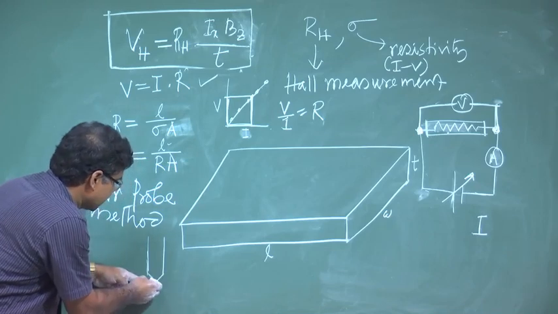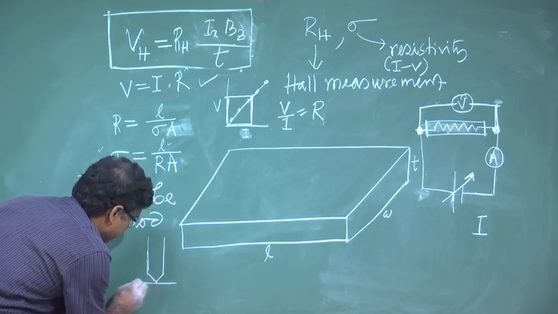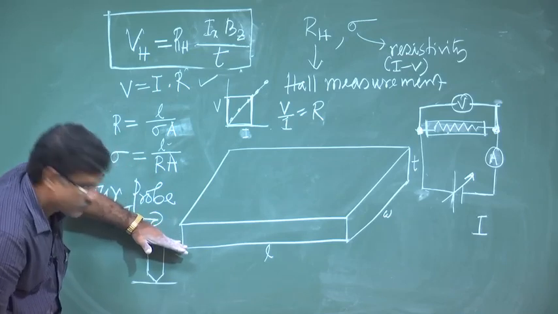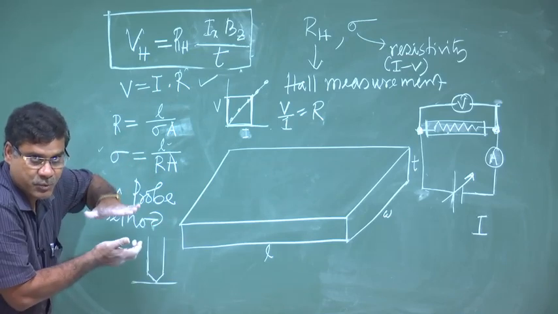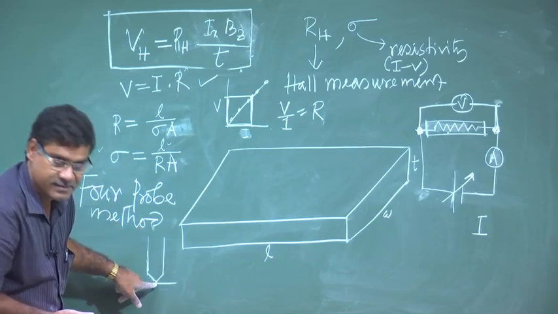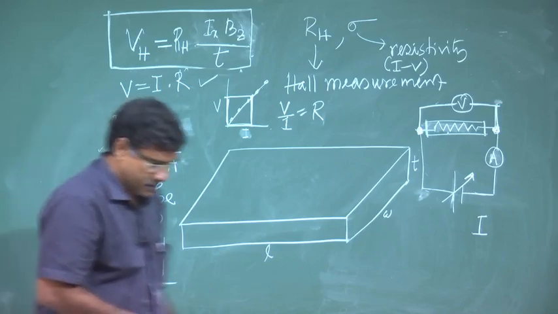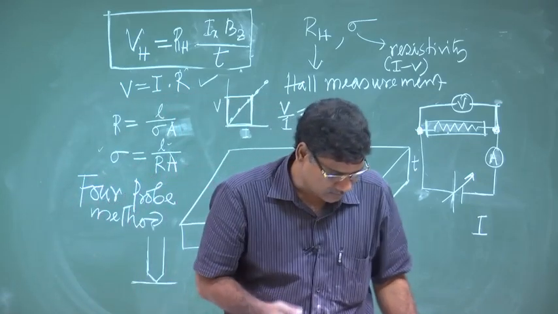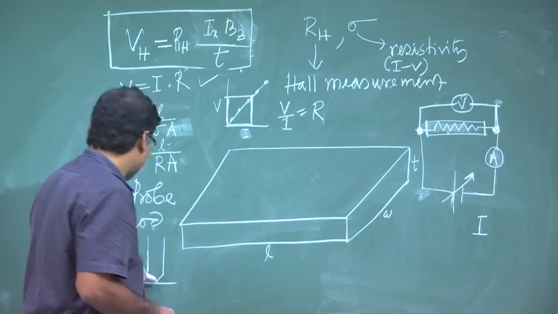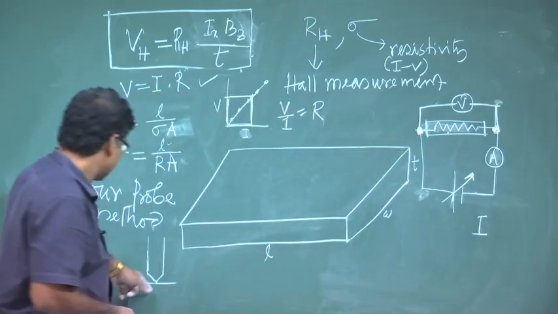So, we put it on with slight pressure, and it makes contact with the sample. This is called a contact connection. It is not soldered or twisted, just contact.